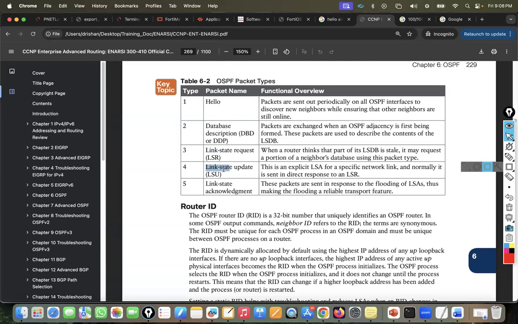LSU is just for specific information, such as a specific link or network. Once it is done, it replies with the link state acknowledgement. These packets are sent in response to flooding, thus making flooding a reliable transport feature. It just acknowledges, yes, everything is good.